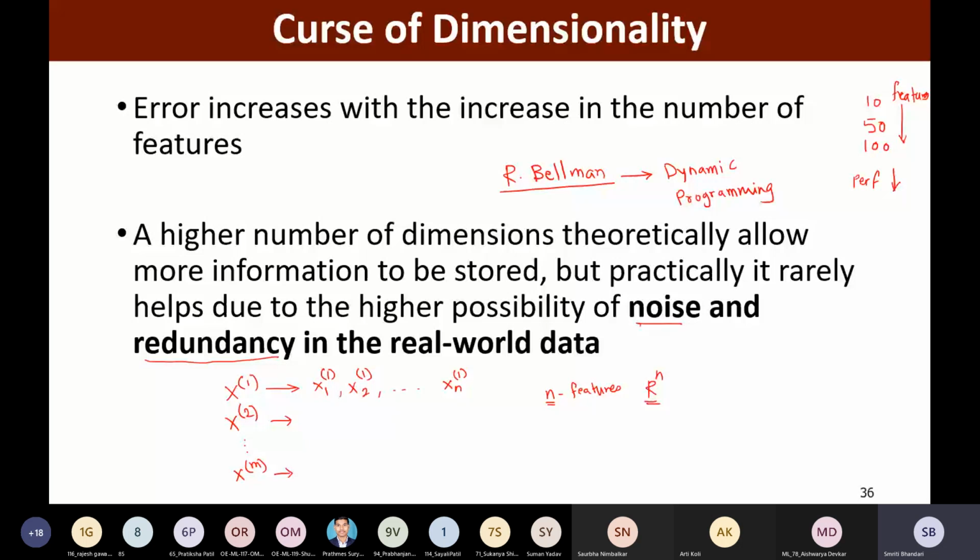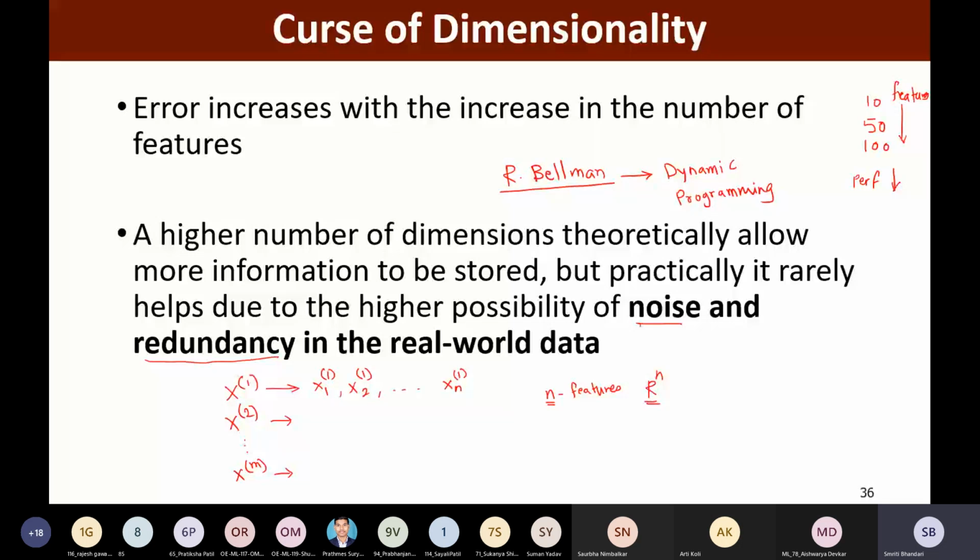So even though a higher number of dimensions theoretically allow more information to be stored, practically it rarely helps due to the higher size and redundancy in the data.